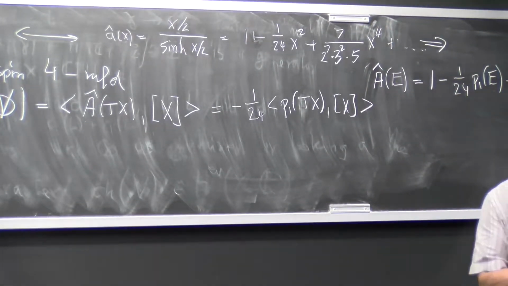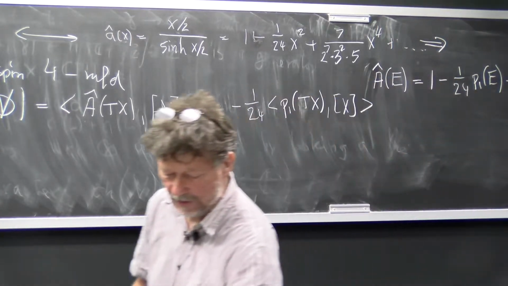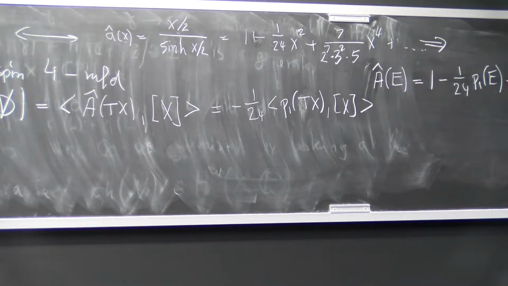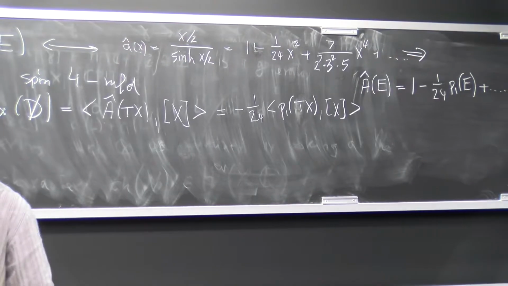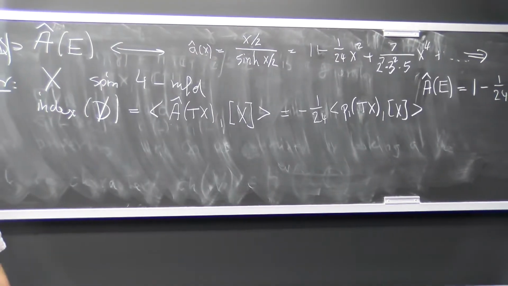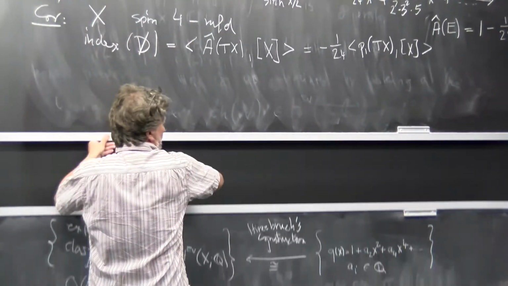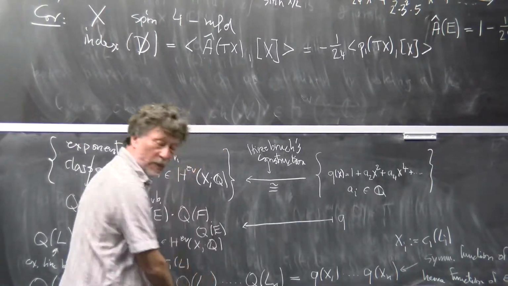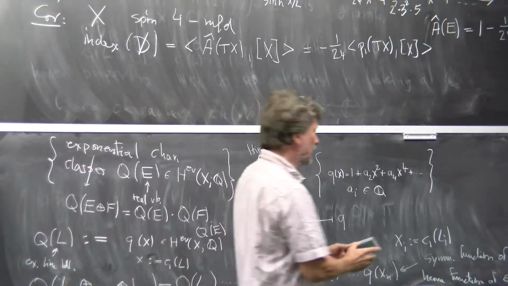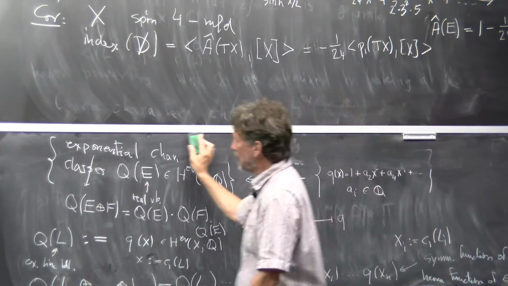So in other words, if you know the first Pontryagin class of your manifold and you can evaluate it on the fundamental class, you're good to go, and you calculate what the index of the Dirac operator on this is. So in the last 10 minutes, I want to apply that and do very concrete calculations with 4-dimensional manifolds.